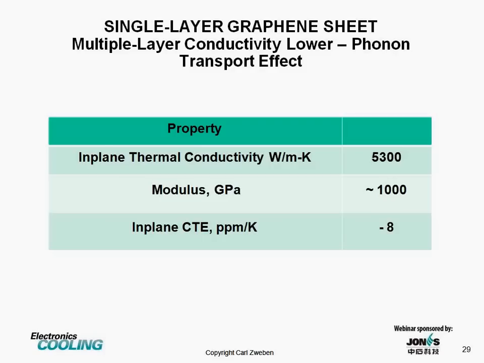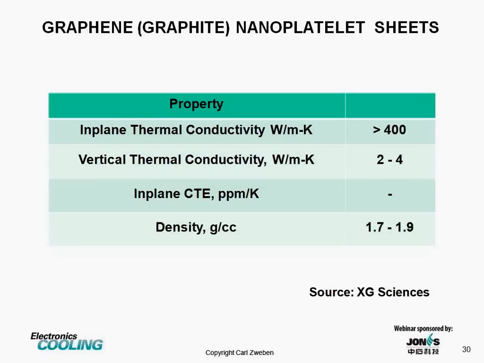A modulus, again, of 1,000 gigapascals compared to 70 for aluminum. And notice the in-plane CTE is actually strongly negative, in this case -8. That's an interesting phenomenon that multiple layers of graphene actually have a lower thermal conductivity than the single layer, and that's due to phonon transport effects.